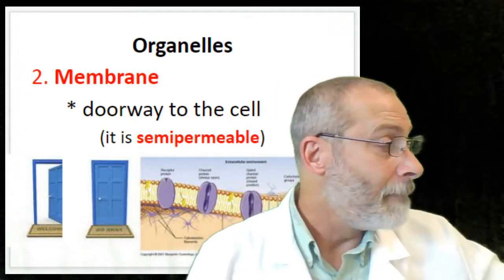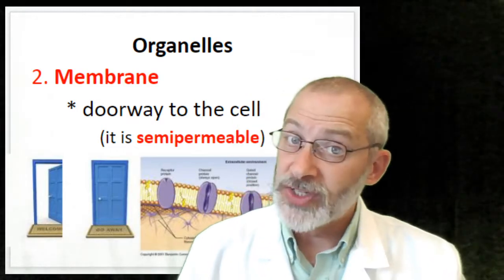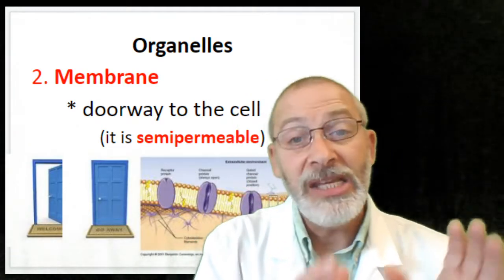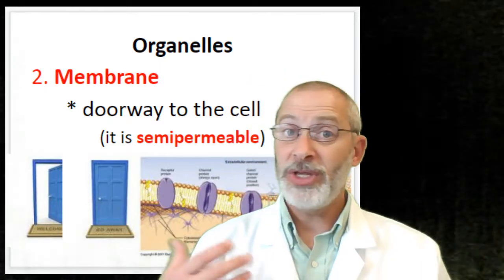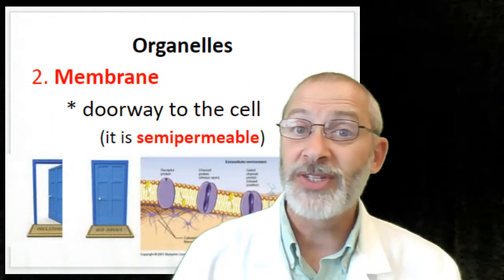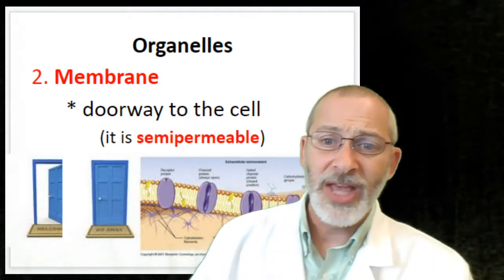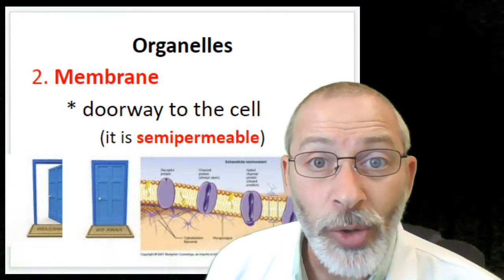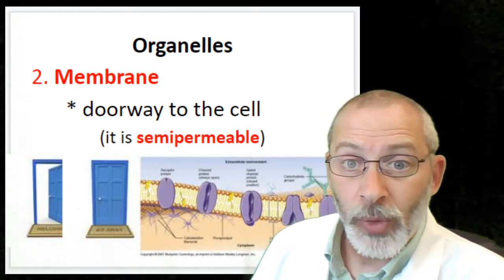So the membrane of a cell allows some things through and yet doesn't allow other things through. And as we proceed through this topic, you'll see how that's kind of an important thing for cells to be able to regulate or control what's going through the membrane or not.